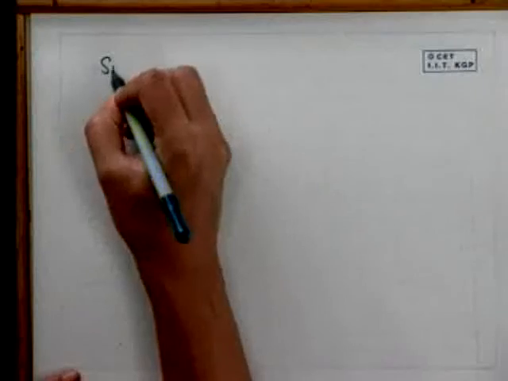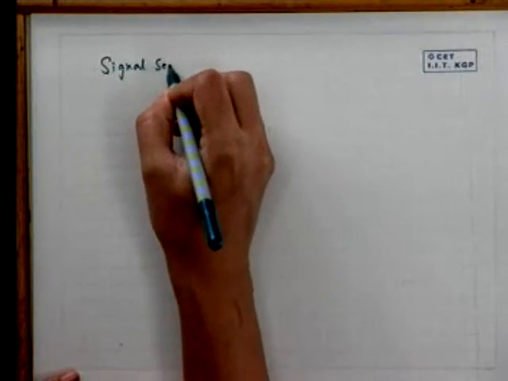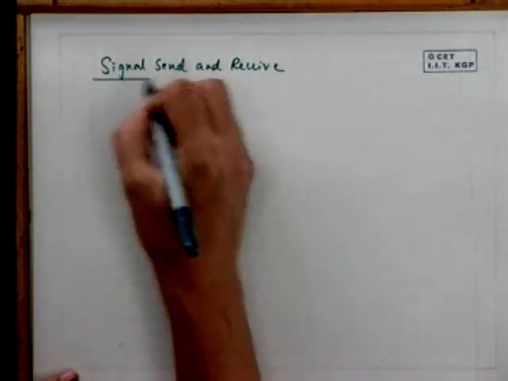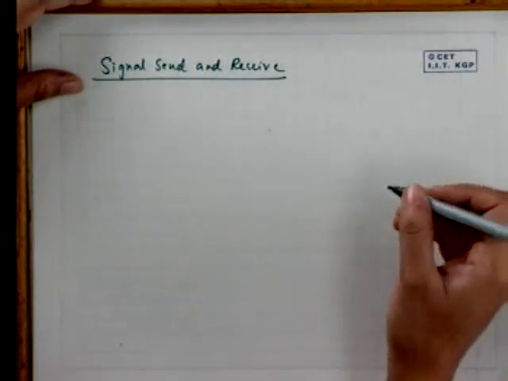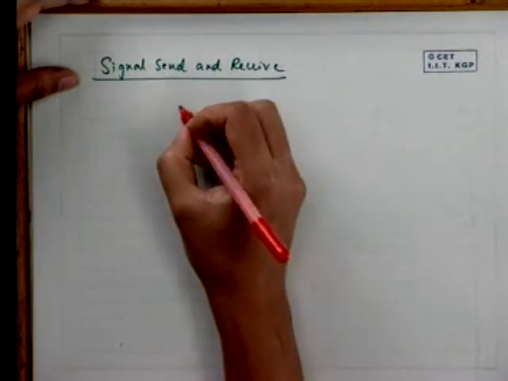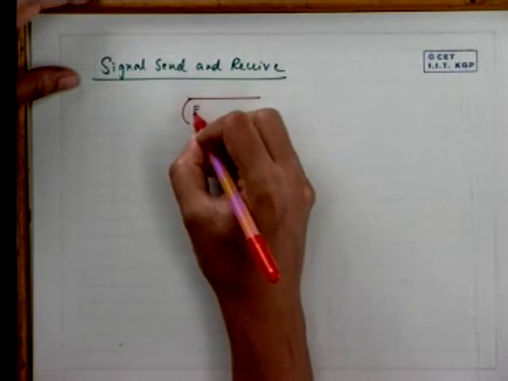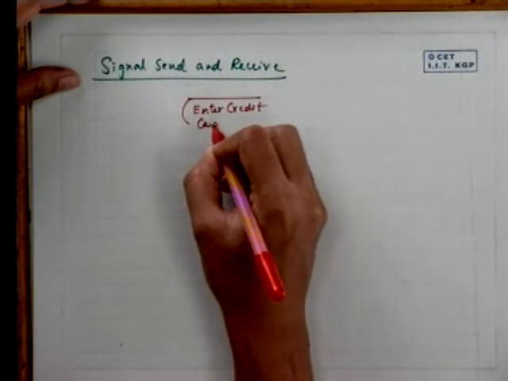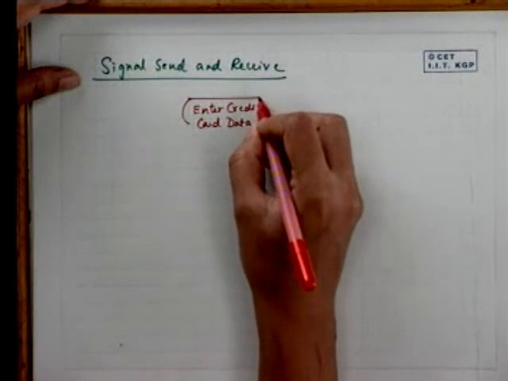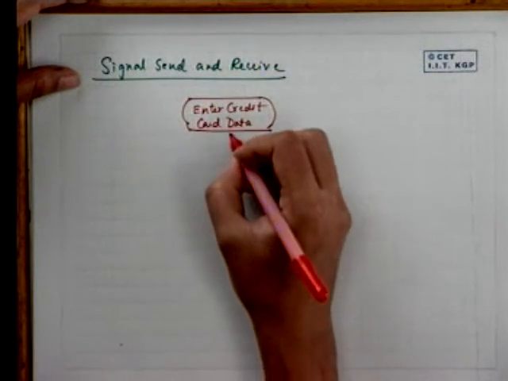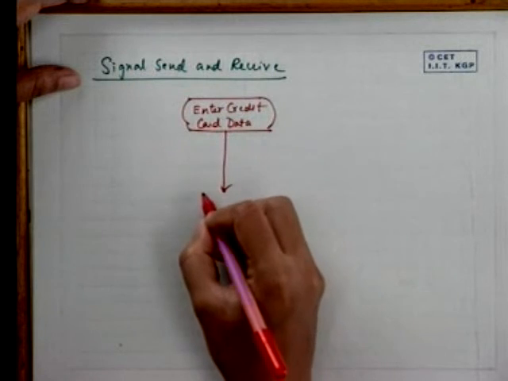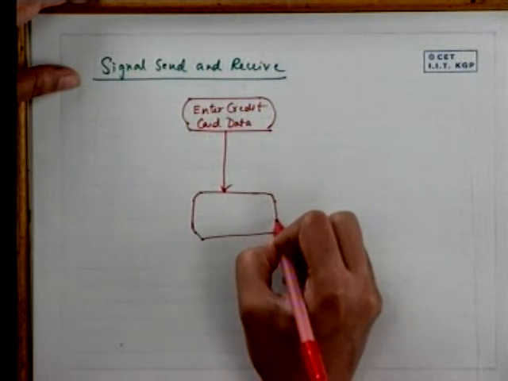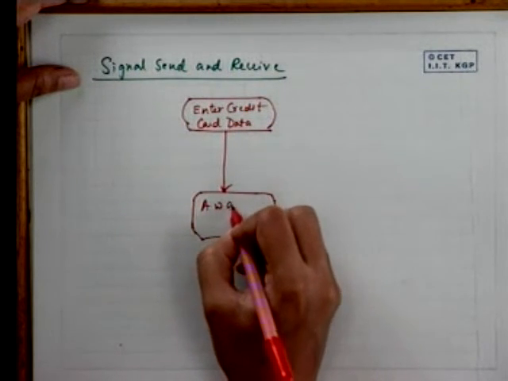Now let us see how signal send and receive is modeled. The model is shown in this example. This is an action state consisting of enter credit card data, this is a state corresponding to await authorization.